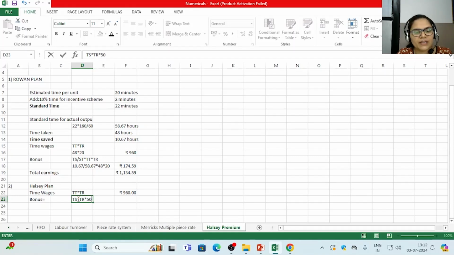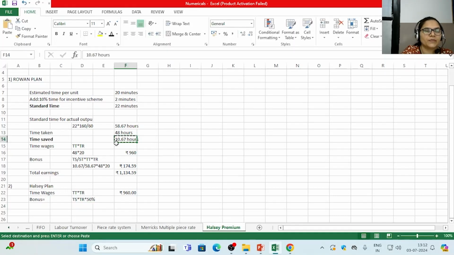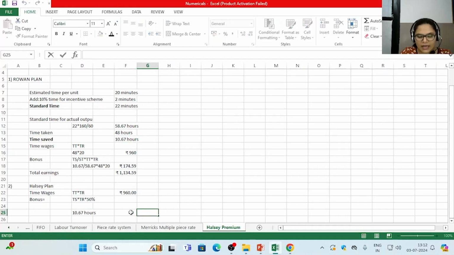In Halsey plan, we take 50% of time rate to calculate the bonus which should be paid to the worker in addition to his minimum wages, that is time wages. So time saved by the worker we have already calculated is 10.67 hours.